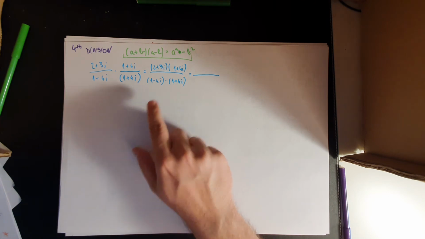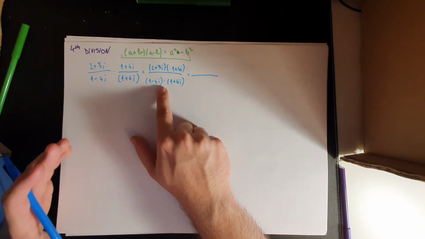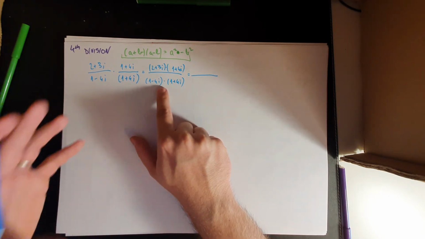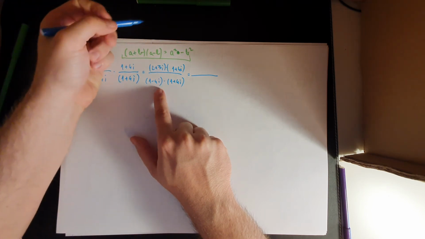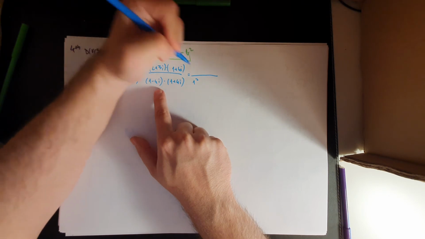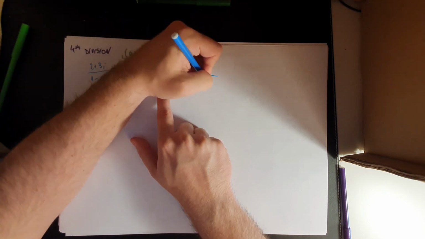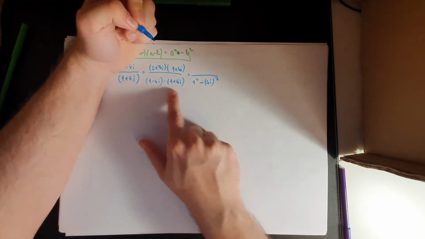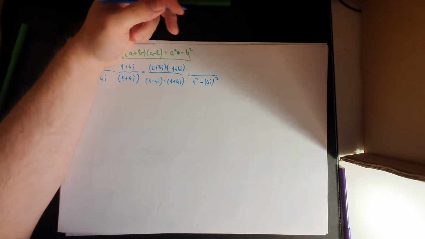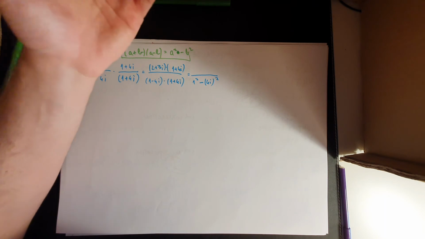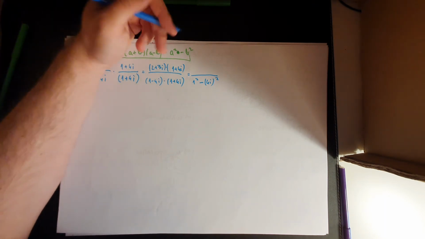Now, for the denominator part, I don't have to use the multiplication like I did before because I've used the formula, which leads me to 1 squared minus 4i, everything squared. So this whole part is going to be squared. For the numerator, unlucky enough, we have to go through the multiplication process.